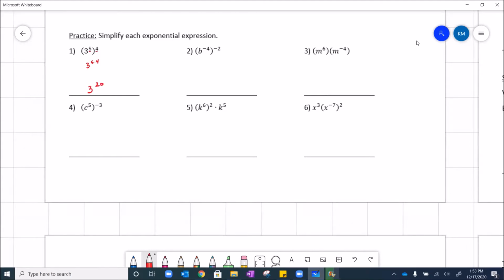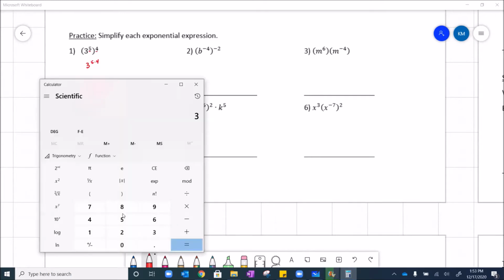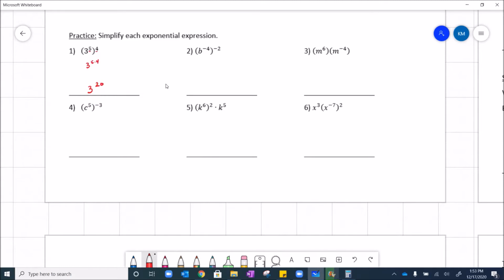With this, 3 to the 20th power is going to be a super high number, like 9, 10 digits. We don't have to type that in. So we can just leave 3 to the 20th power as 3 to the 20th power and use your common sense to realize when numbers are too large when we're raising them to a power.